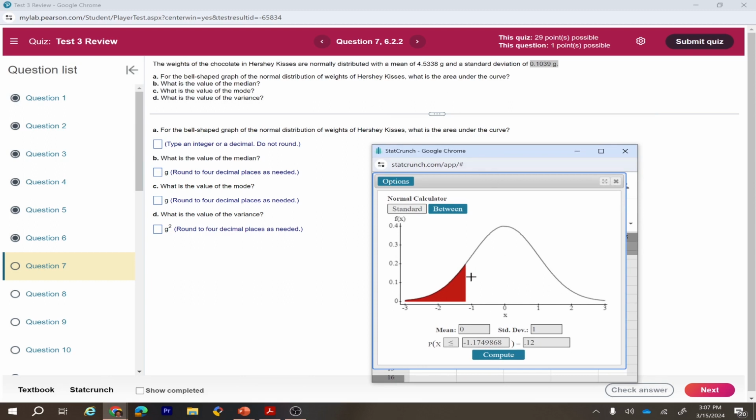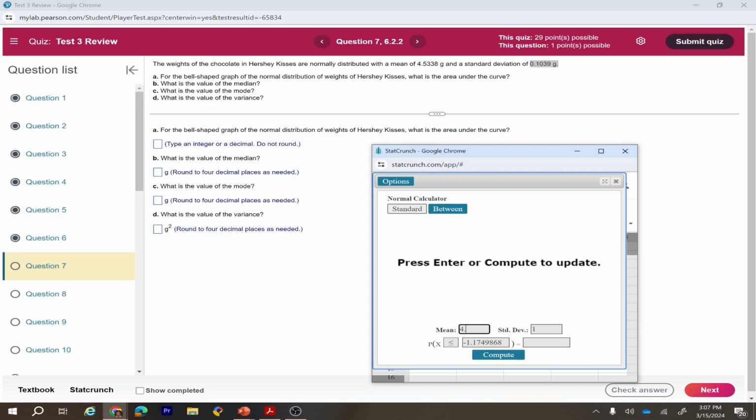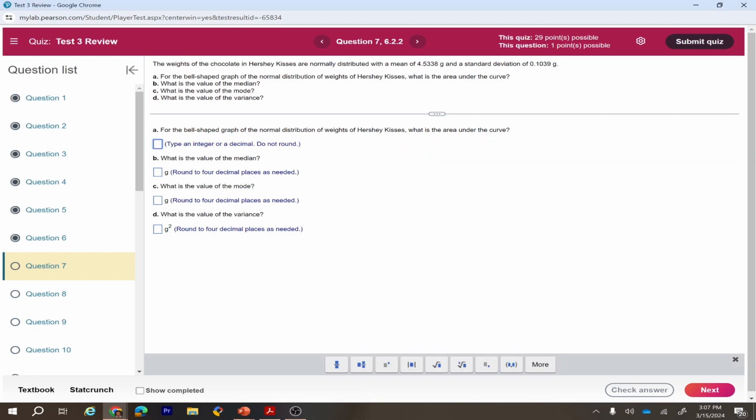In this case, keep in mind the mean we have given is 4.5338, and the standard deviation is given, which is 0.1039. So we're going to use the same calculator, but to answer the first question, what is the area under the curve? That's 1.